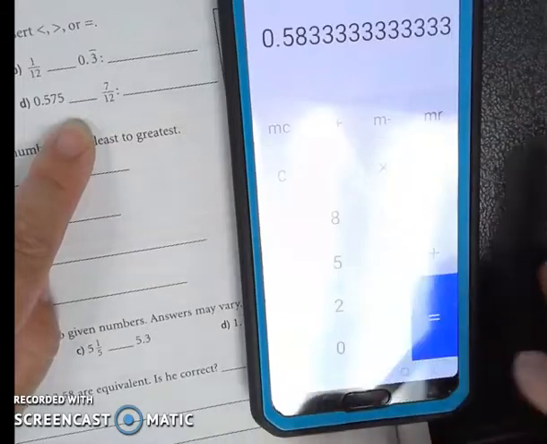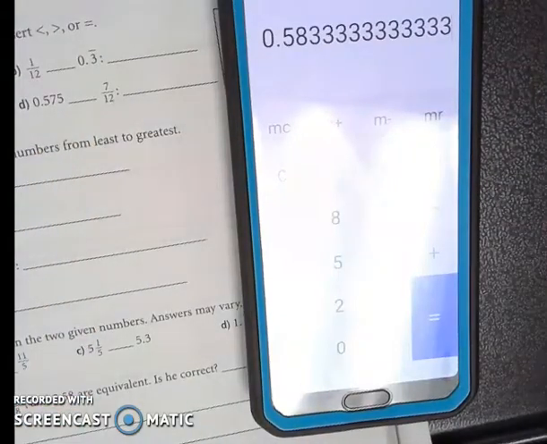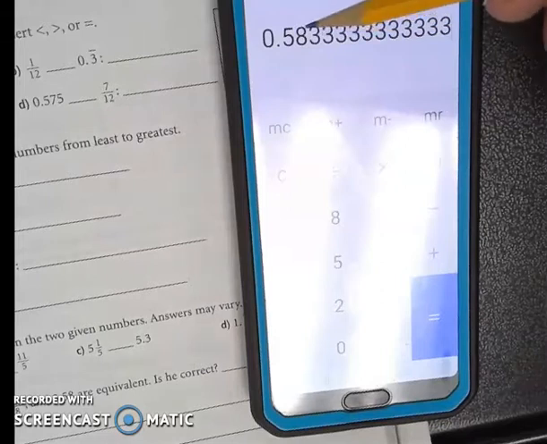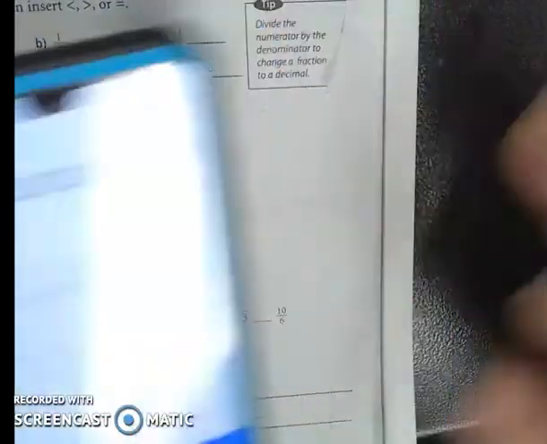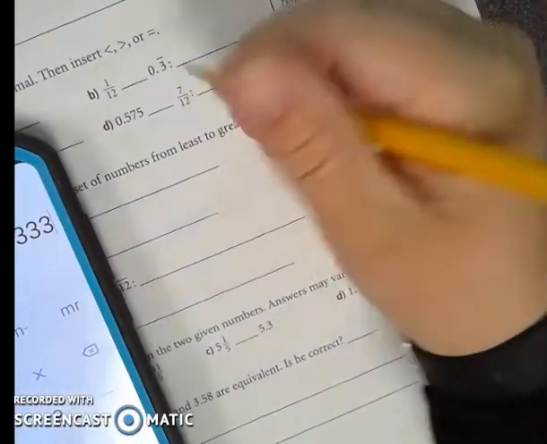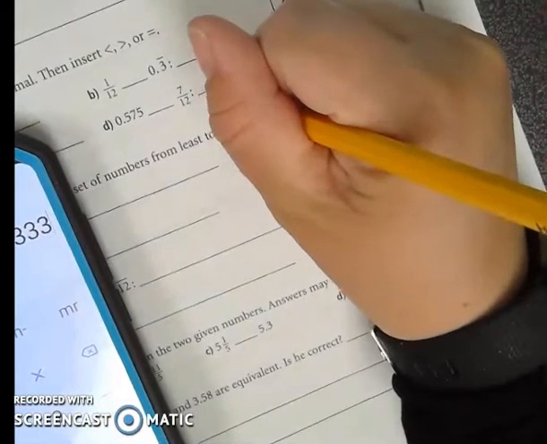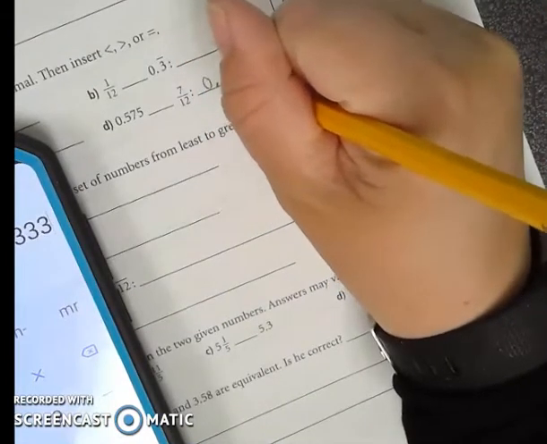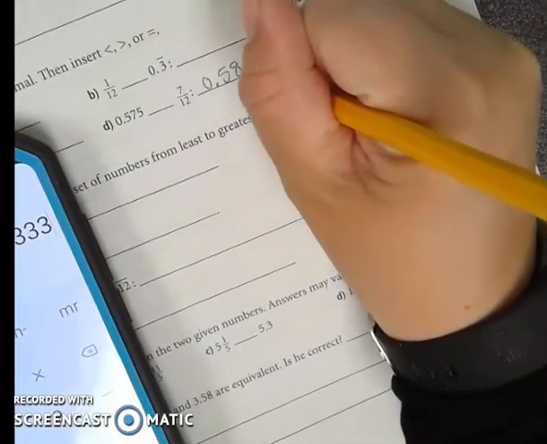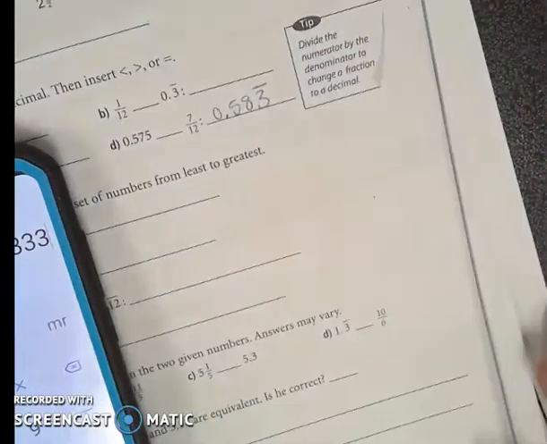Now this is what we were talking about earlier with repeating decimals. The 5/8 isn't a repeating decimal, but the 3 is. The 3 repeats endlessly. So our answer is 0.583, and then the 3 shows that it's repeating.